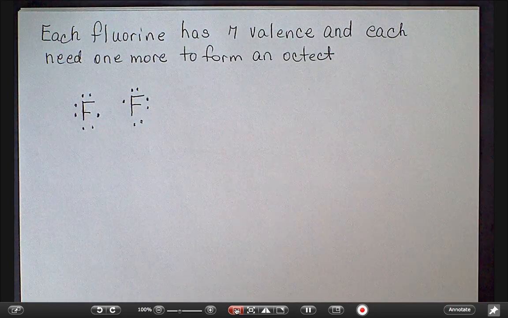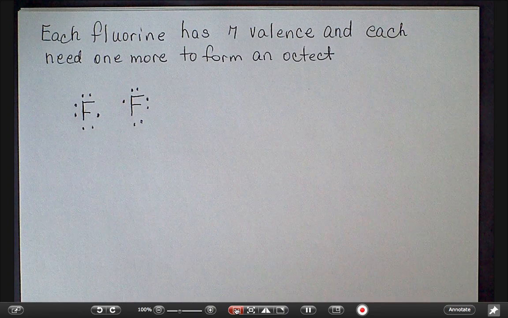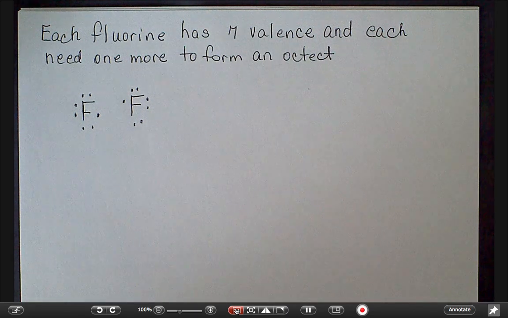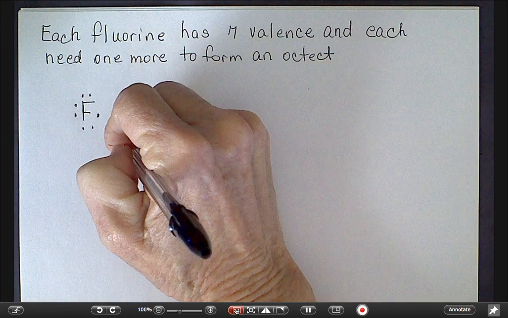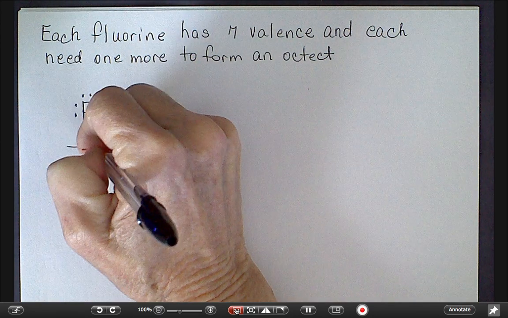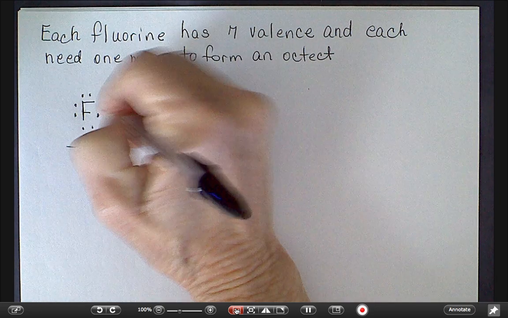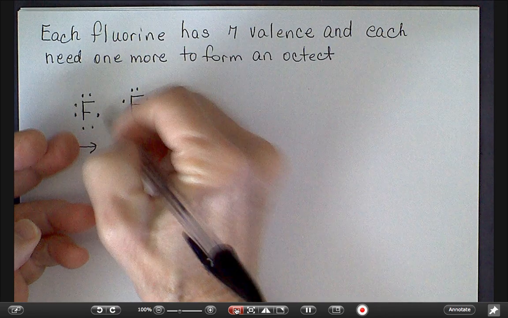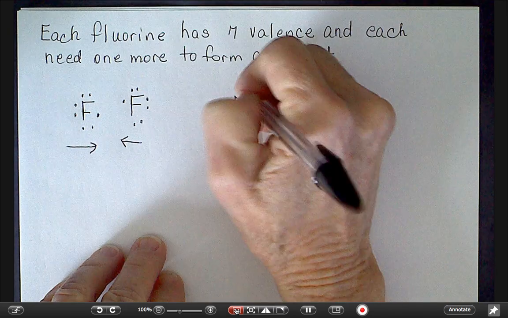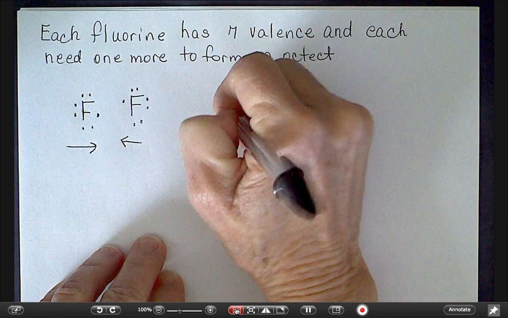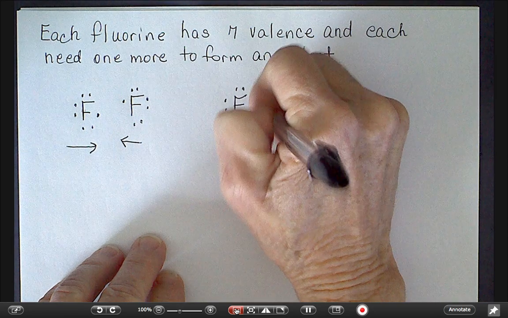Now then, what can you see from this? If they were going to hook up, can you see them moving closer together? And can you see that if they move closer together, it will end up looking like, what do you think? You see that?